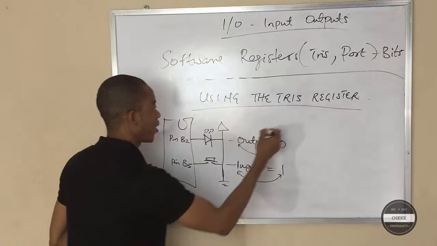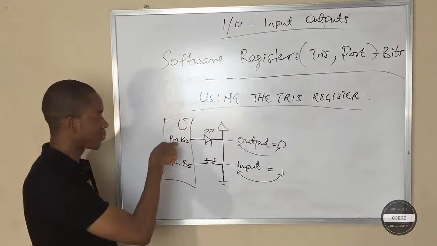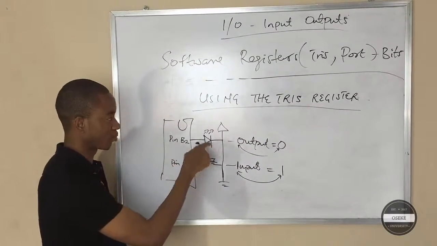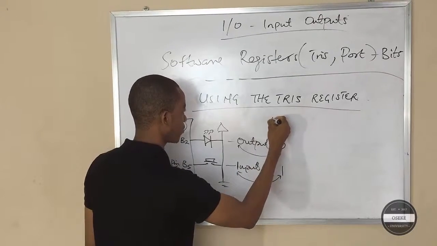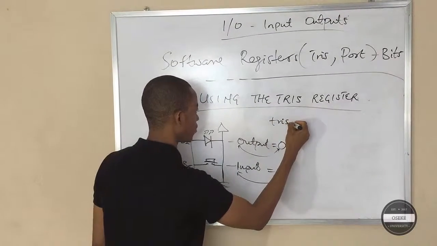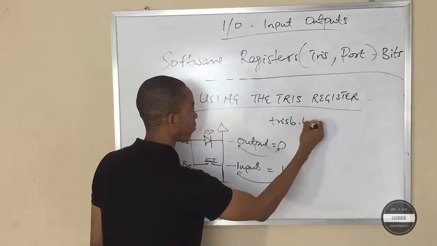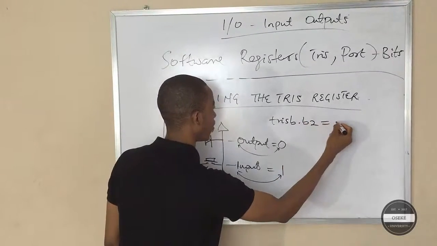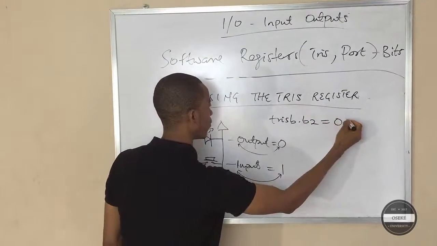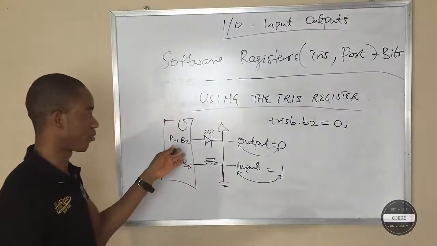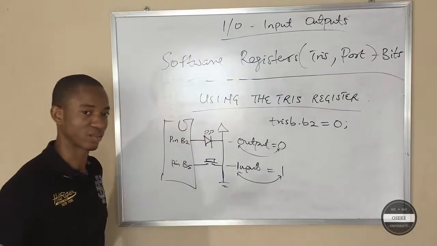All right. So now, if we want to configure this pin B2 as an output, we write trace B dot B2 equal to 0. That will configure that pin as an output.